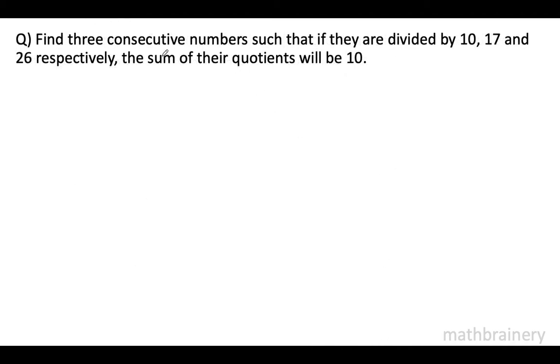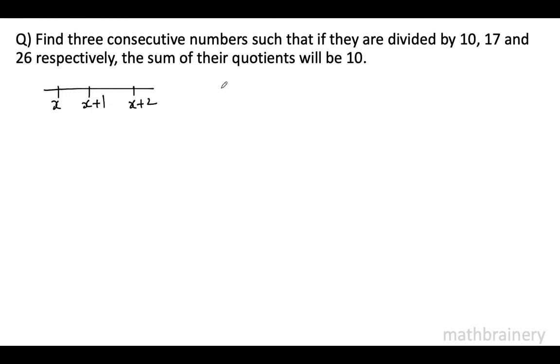Find 3 consecutive numbers such that if they are divided by 10, 17 and 26 respectively, the sum of their quotients will be 10. So we have 3 consecutive numbers. Let me choose them as x, x plus 1 and x plus 2. Now what is given?